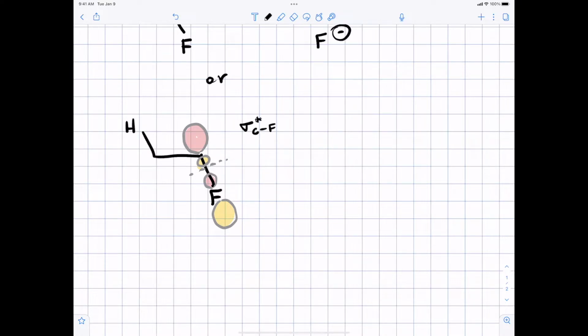And you'll notice that at least on the carbon, this sigma star antibonding orbital between the carbon and the fluorine, remember, it is an antibonding orbital, is pointed directly 180 degrees back from the carbon-fluorine bond.